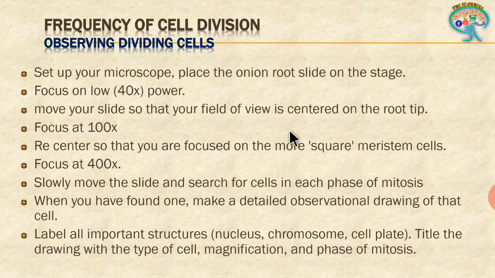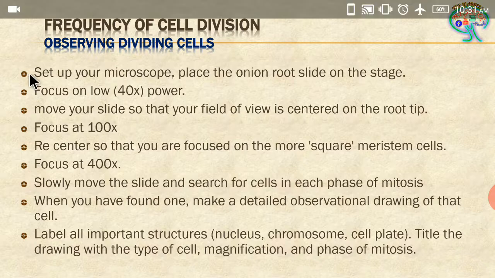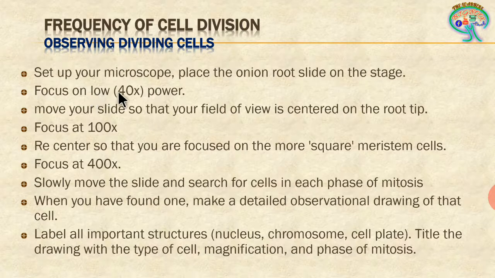In this we are going to do the observing with the help of the compound microscope. Here we are going to set up and place the onion root tip slide, and we are going to focus on low power, that is 40x, and further we are going to move the slide in the field and center it on the root tip, and further the focus will be changed to 100x.